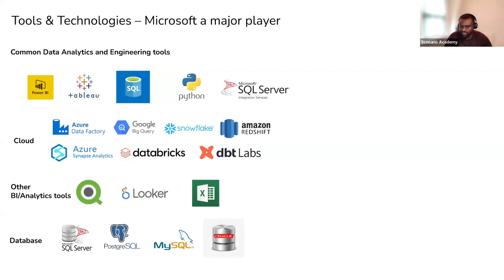As a data analyst, once you get to an organization, you may likely find their data stored in at least one of these databases. So in our training, we teach you Microsoft SQL Server, which we believe is most widely used by corporate companies, right? So we teach you that.